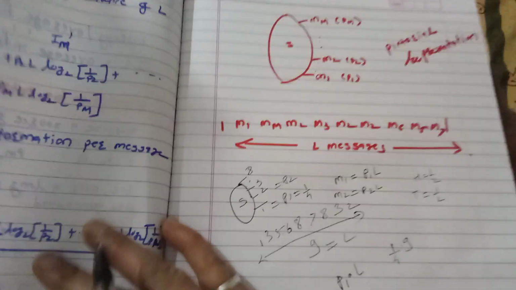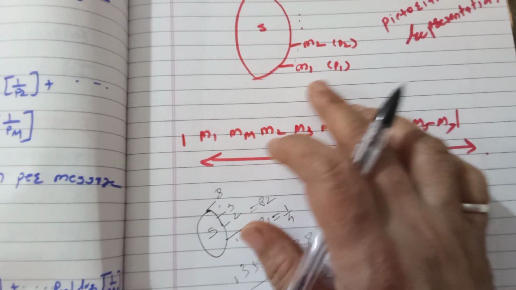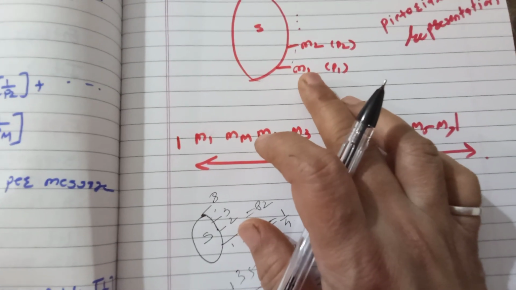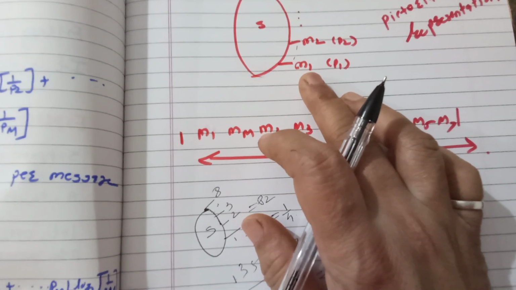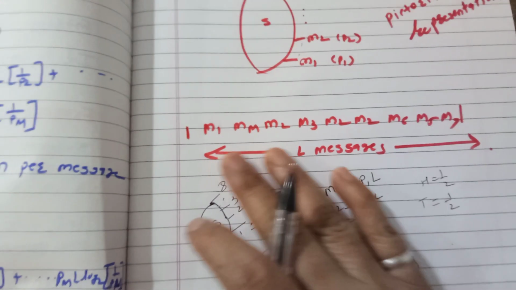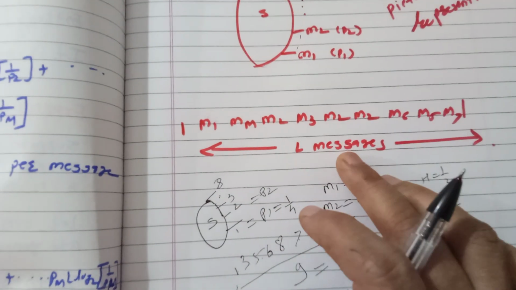So here, information conveyed by M1 is I1 equal to log 2 of 1 by P1. But in L messages, M1 occurs P1 into L times.